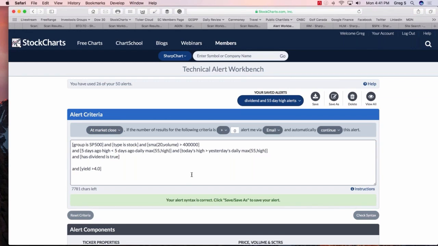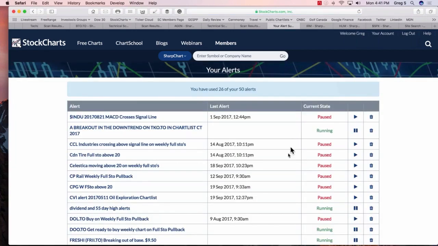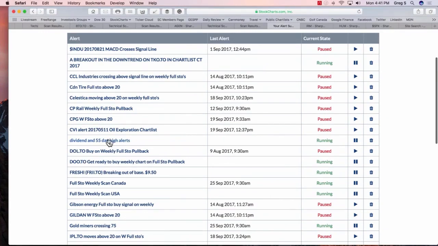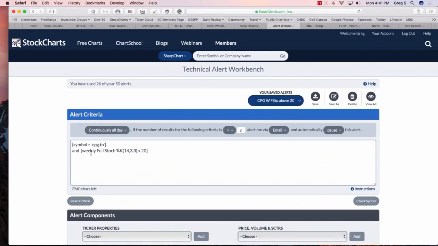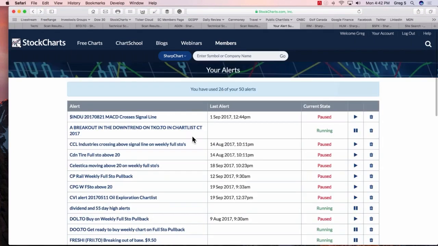Okay, so we've covered that off, and we've walked through the alert settings. I think the important thing, so you can create lots of alerts as a pro member, and so these are all the ones, and anything that's paused was specifically for one stock. So in this particular case, I was looking for Crescent Point and a weekly full stochastic turning up above 20, and so it says on this previous page we were on, this paused on September the 19th.